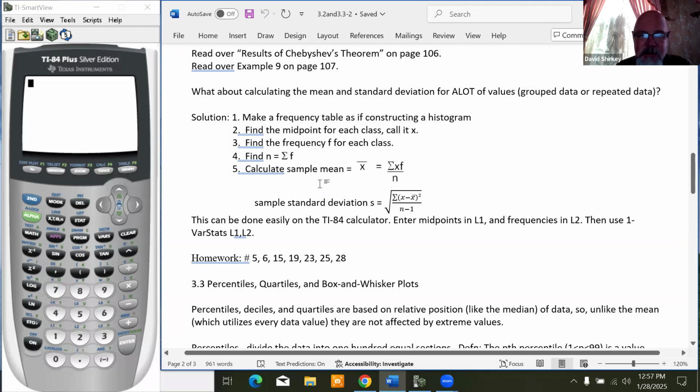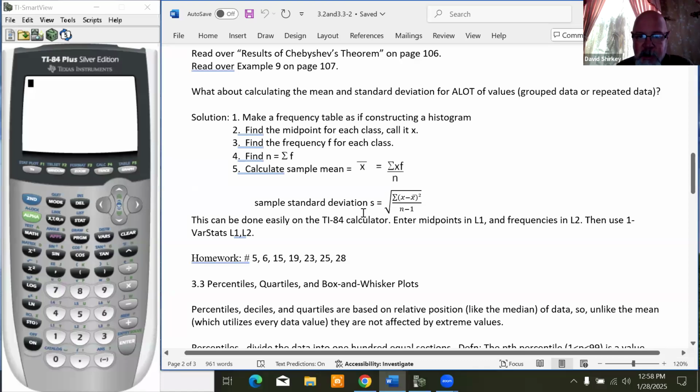Then to calculate the sample mean X bar, you take all of your X times Fs, sum them up. That's the summation notation right here. You add them up and divide by N. Then you can calculate the sample standard deviation once you've found X bar.